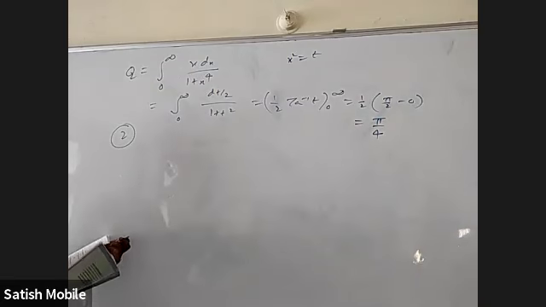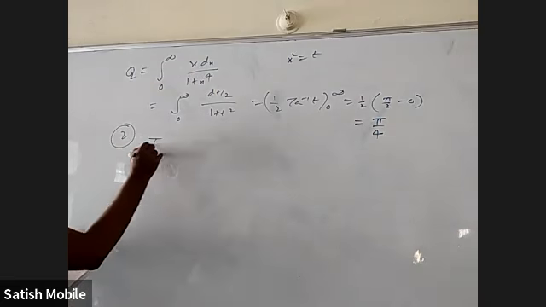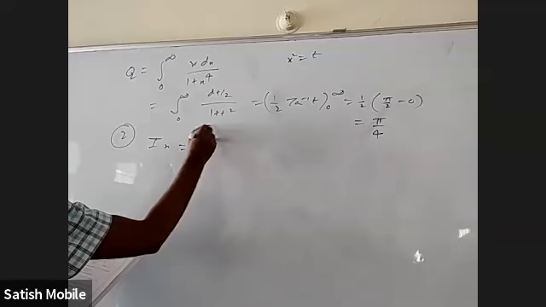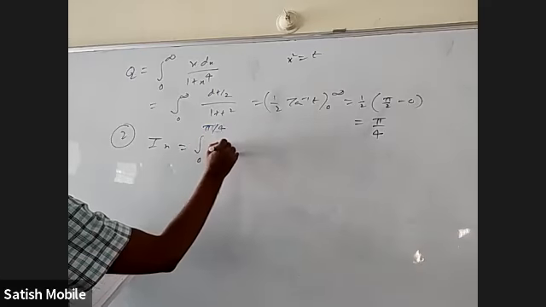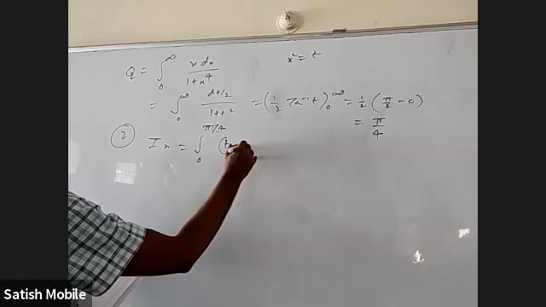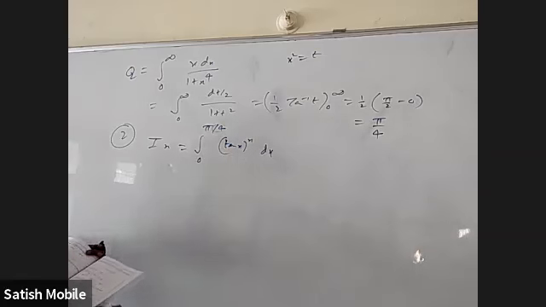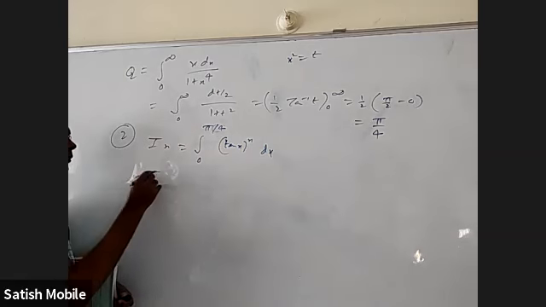Okay, second question. In equal to integral 0 to pi by 4 tan x whole power n dx. First of all, we know a reduction formula for this, or we can recreate it again.